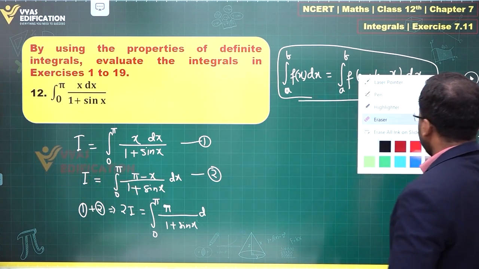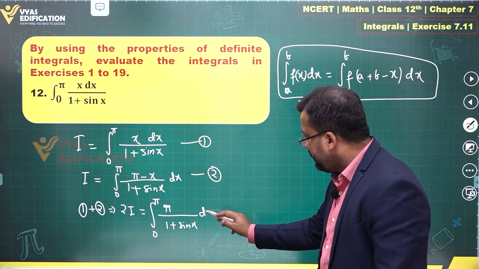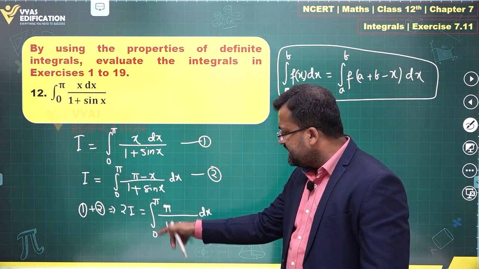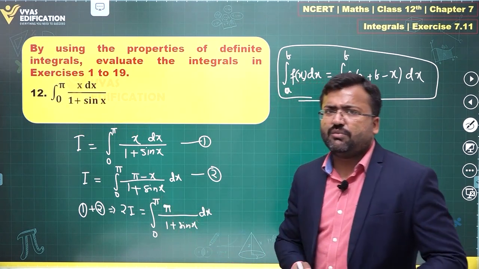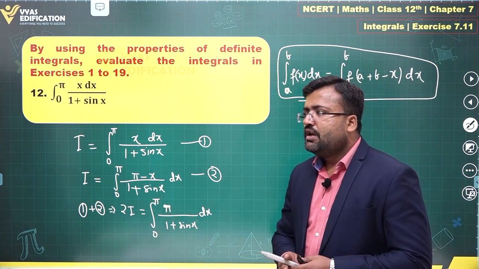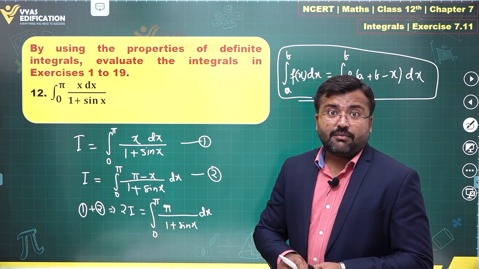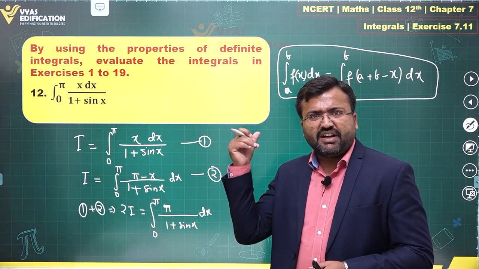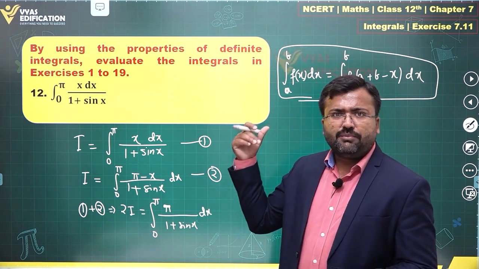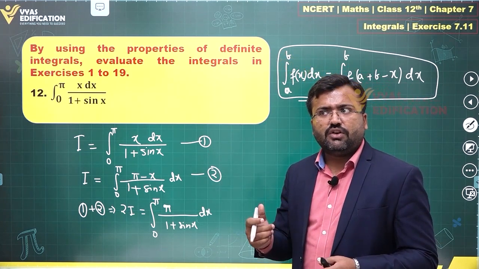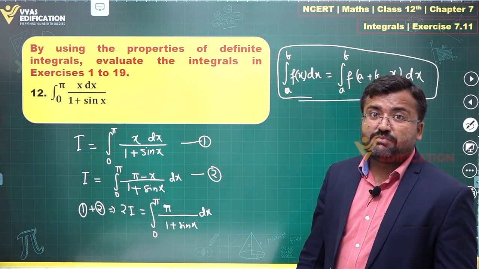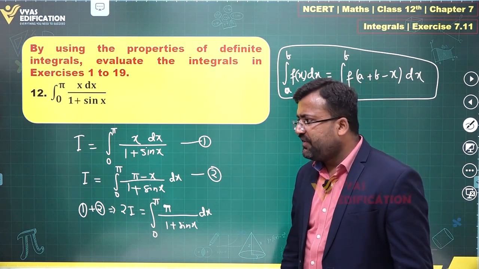After reaching this stage, there are two ways of moving it. One of the ways is that since this is 0 to pi, this sin of pi minus x will be nothing but sin x only. So, since the function is coming out to be the same, you remember another property. This is P5 or P6, whatever you want to call it. P5's special case is P6, so you can talk about P5 only.